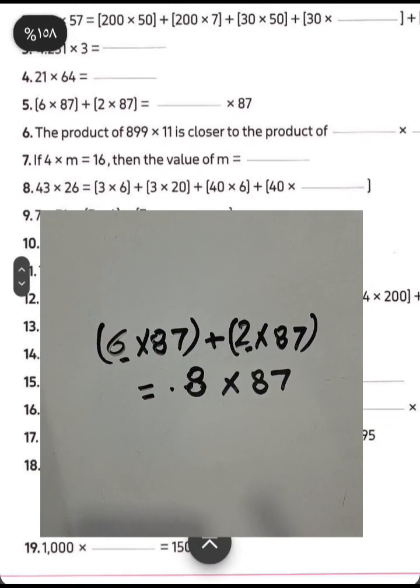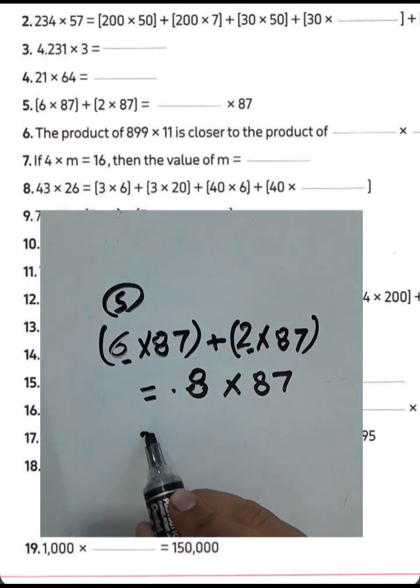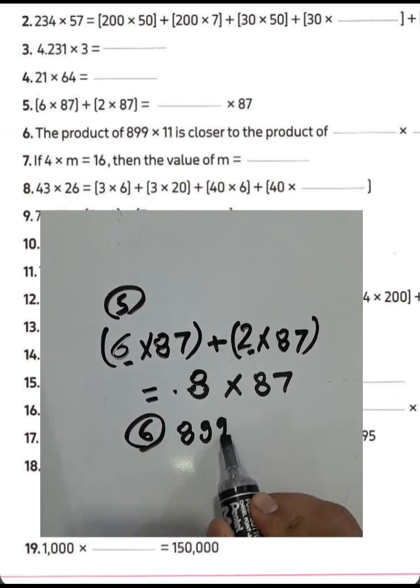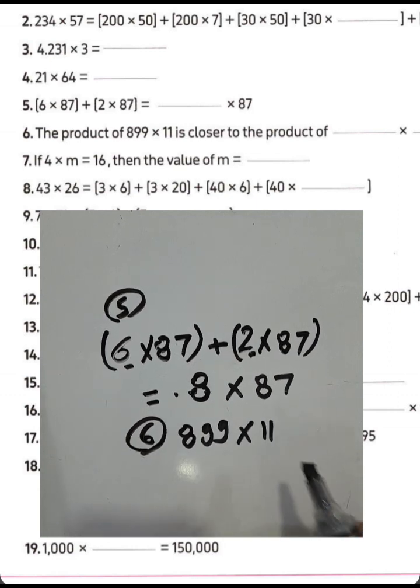Question number 6. The product of 899 times 11 is closer to the product of space times space. We know 899 is nearest to 900 and 11 is nearest to 10.